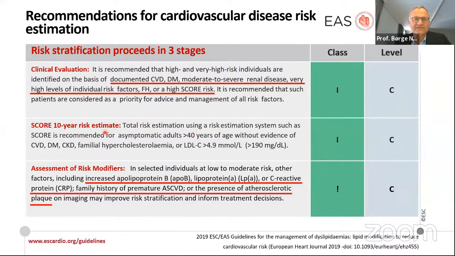Then the next stage would be SCORE 10-year risk estimates, where the total risk estimation uses the SCORE system. I'll come back to that. And then finally, there can be assessment of risk modifiers, particularly with focus on increased ApoB, lipoprotein little a, C-reactive protein, a family history of premature atherosclerotic cardiovascular disease, or the presence of atherosclerotic plaques on imaging.